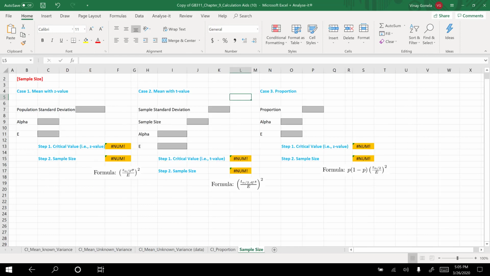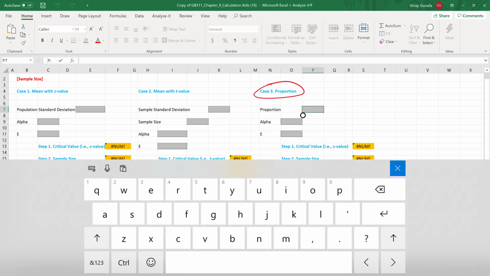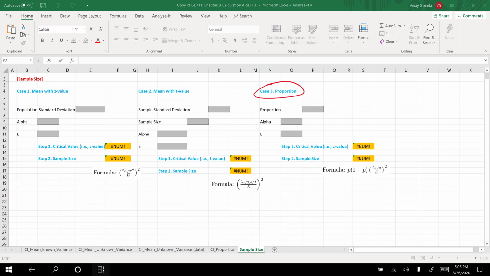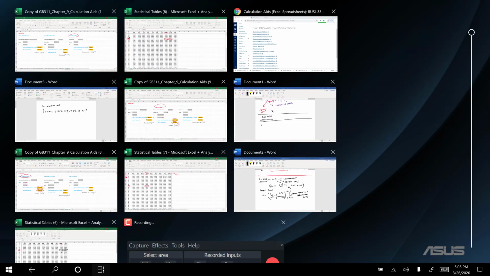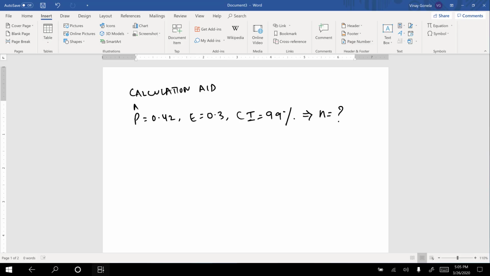Now this is a proportion problem, so that means I will be using this case 3. So let me see what is the proportion given. I will go to our sheet and look for proportion, which is 0.42.